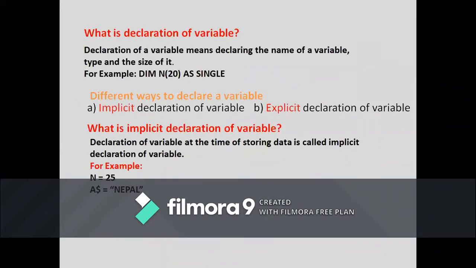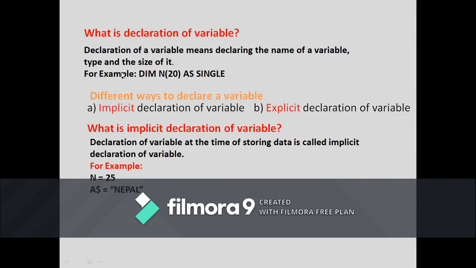So, what is declaration of a variable? Students, while writing a program, we have to declare variables. Declaration of a variable means declaring the name of a variable, its type, and the size of it.